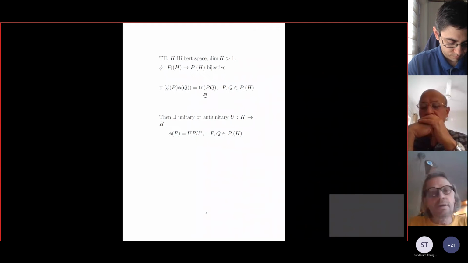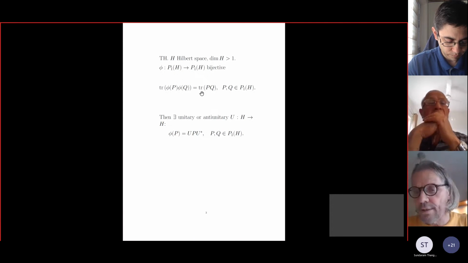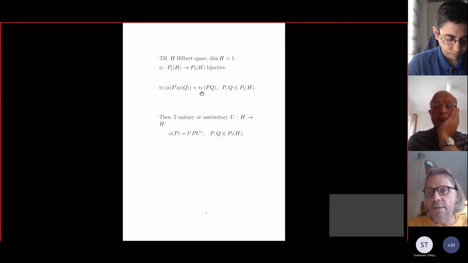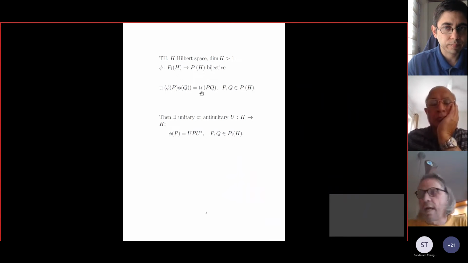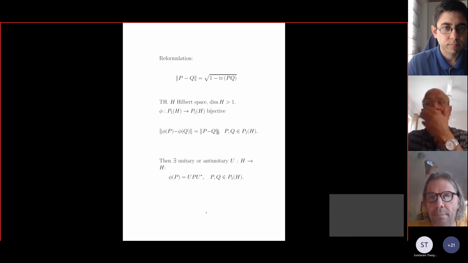And of course, you have formulas which connect the trace of the product with the norm of the difference, I mean the distance between P and Q, and a formula which relates this to the angle between P and Q. For example, if you have two projections of rank 1, then it is an elementary exercise that the norm of P minus Q is just the square root of 1 minus the trace of the product.